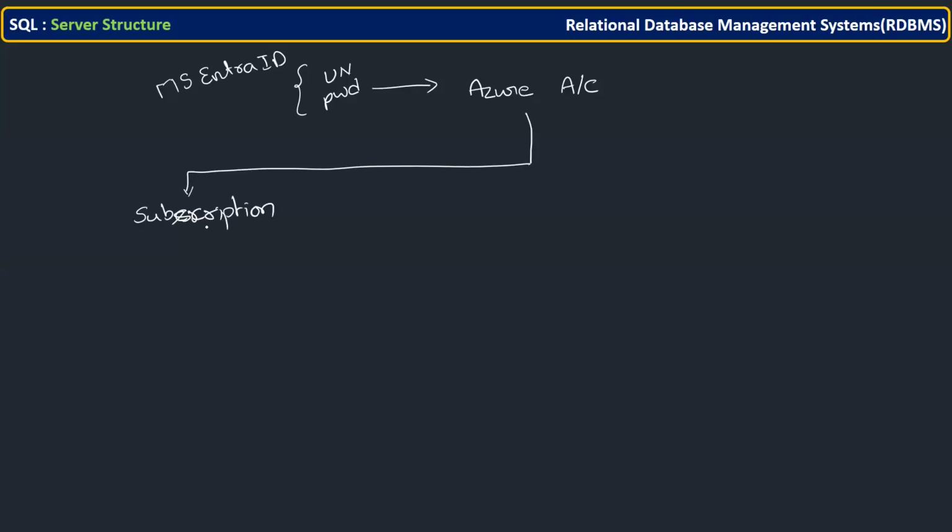What you are creating may be a free subscription, and if it is free, only one subscription is possible. In real time, under one account, you can create multiple subscriptions: subscription 2, subscription 3. You will understand all of this one by one. Why multiple? We will come to that.